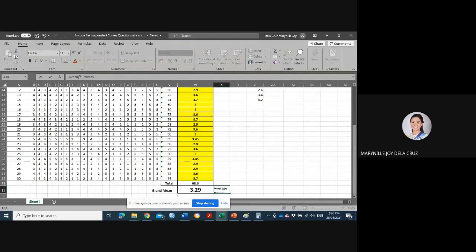Sample lang yan. So meaning, average lang when it comes to securing privacy, ang kabilugan na 30 respondents. So that's how you discuss using the interpretation.